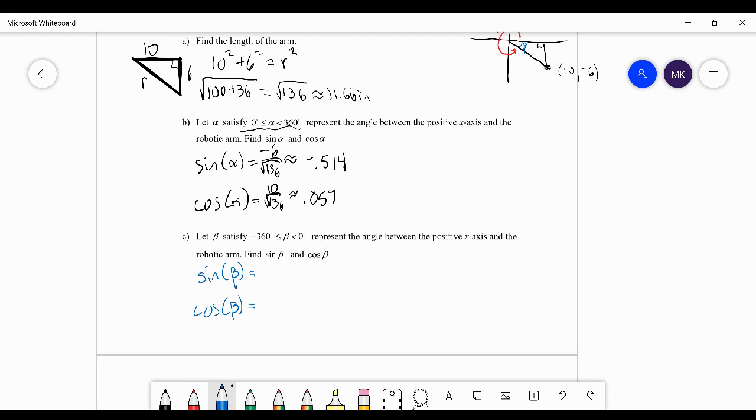So it's the exact same. So even though we're talking about these two different angles, they are coterminal, which means their sine and cosine values are still going to be the exact same. So then, this is going to be negative 6 over root 136, which is approximately negative 0.514. And this is going to be 10 over root 136, which is approximately 0.857. Sorry about that, I think that was just a bad 8 I drew up there.